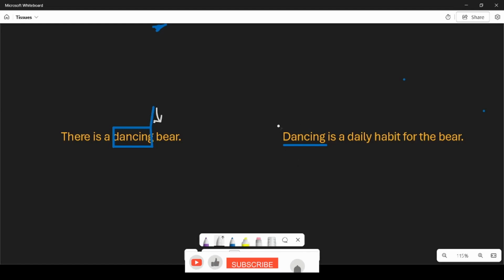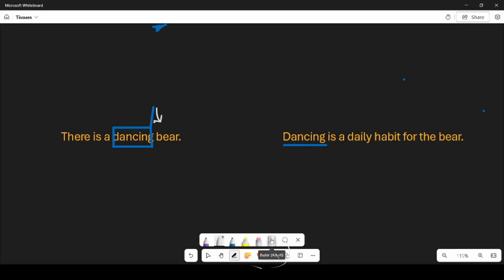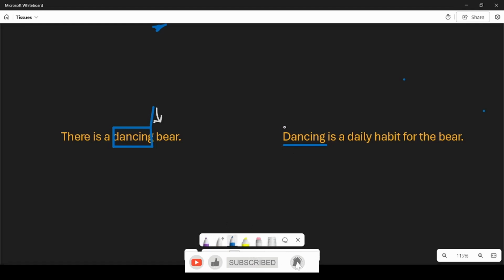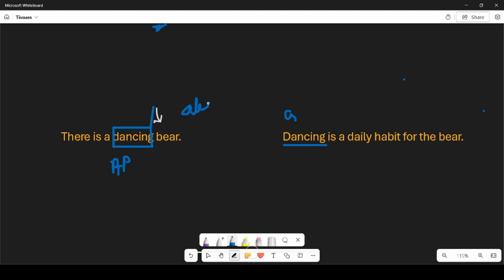But the word dancing over here, it's not describing anything. It's a word itself. It's acting as a noun. Dancing is a daily habit for the bear. So this over here will come to be a gerund, and this over here will come to be a present participle, PRP. So that's how you can differentiate. Over here, the word dancing is describing the bear as an adjective, and dancing over here is not describing anything. It's acting as a noun.